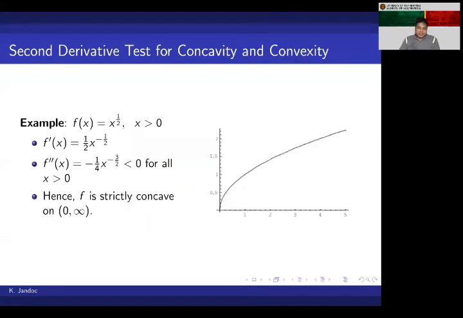So here is an example. Suppose you have this function square root of x, or x raised to 1/2, and the domain is for all positive values of x. So when you get the first derivative, it's 1/2 x to the negative 1/2.